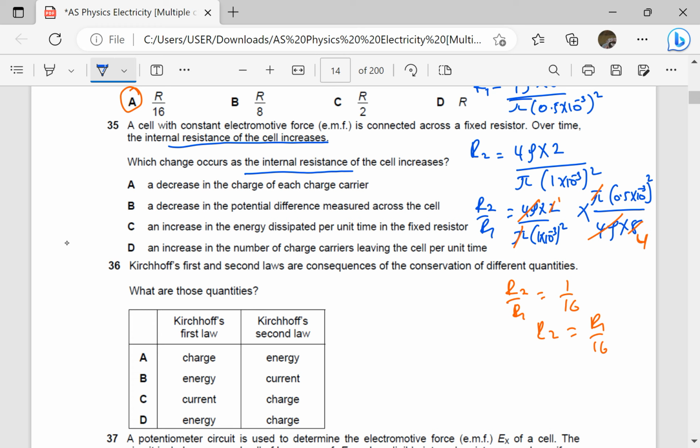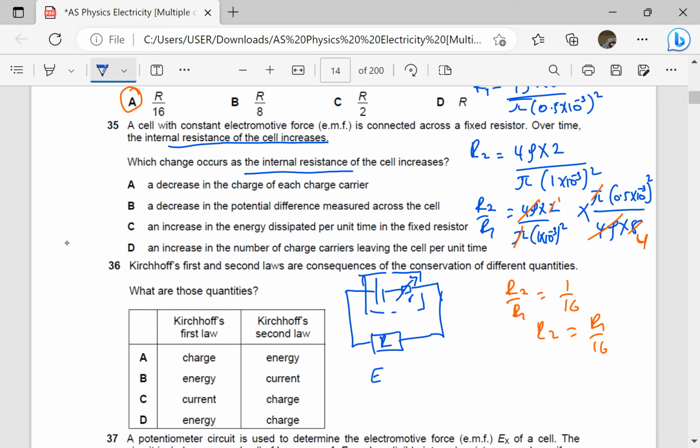Let's try to sketch this here. So we have a cell with some internal resistance. It is connected across a fixed resistor. The internal resistance changes, so I'll put an arrow there. This is the cell. So this is fixed.